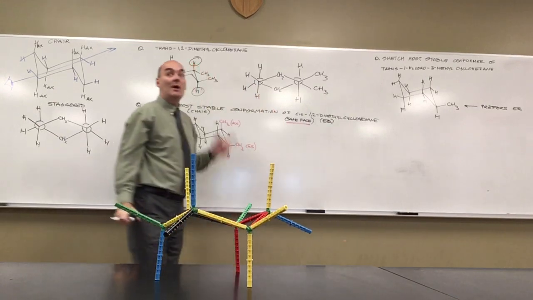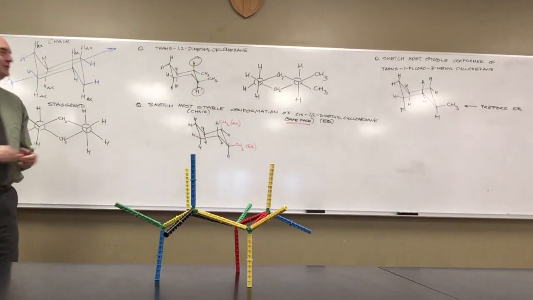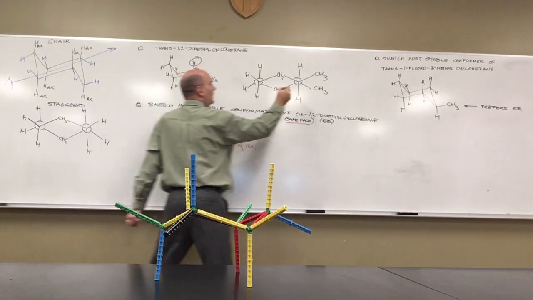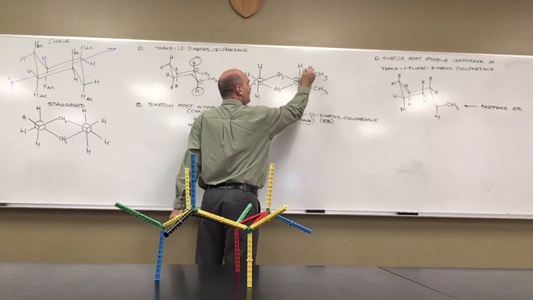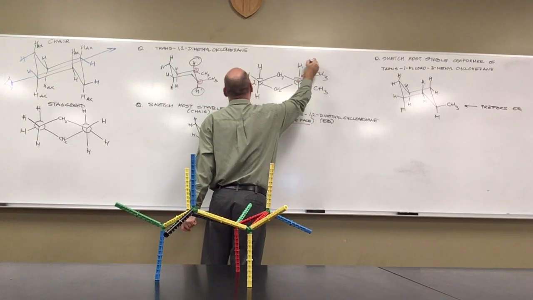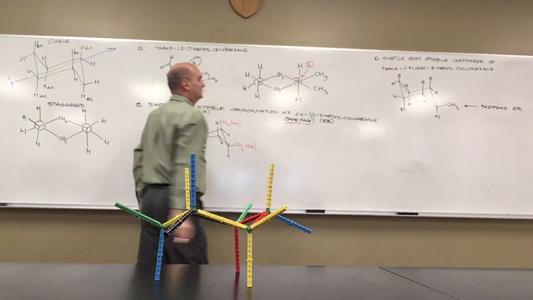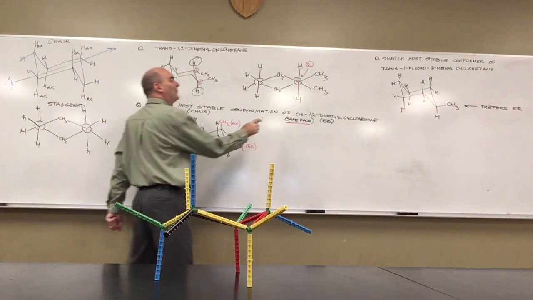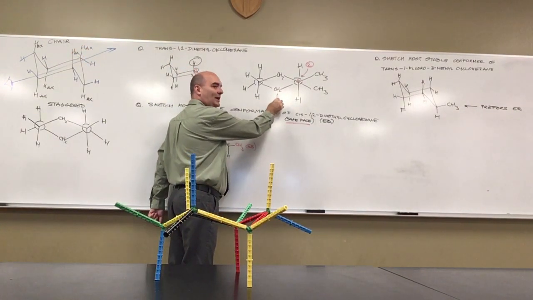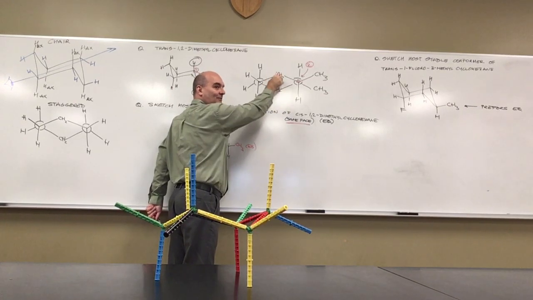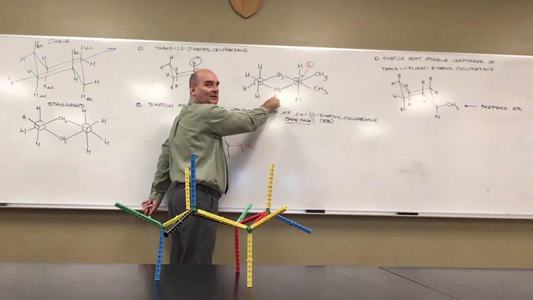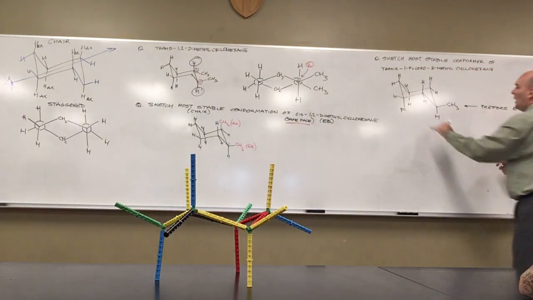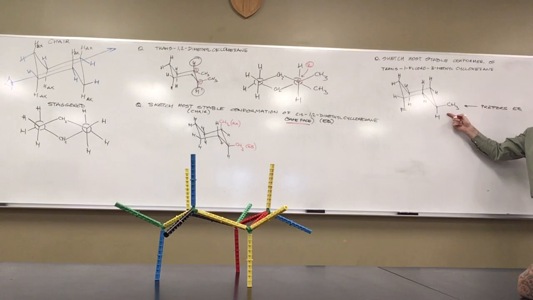Don't do the dumb thing that puts the carbon that you want in the middle. So that's going to be number one, and this is going to be number two. Number one is right here at the front, and number two is at the back. Okay? Don't ever put a carbon that you're interested in this middle section. That would be really, really counterproductive. Okay. This is a 1, 3.